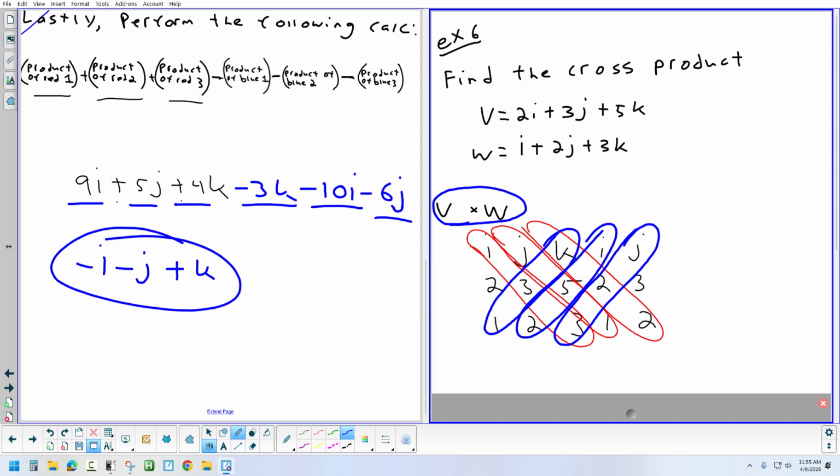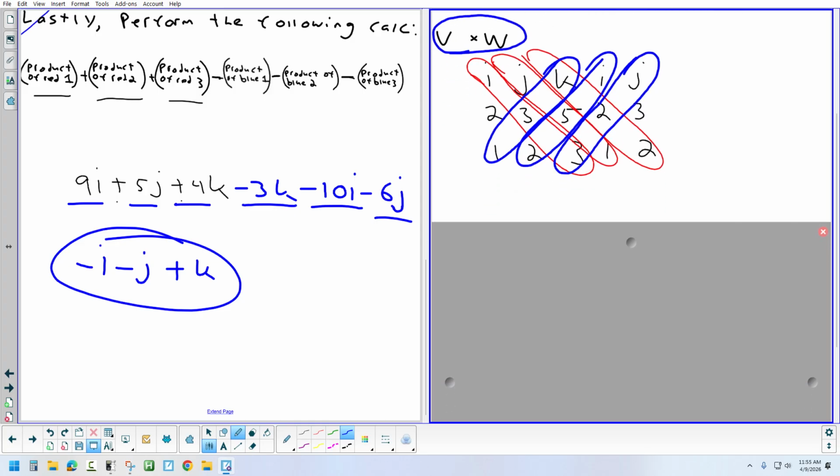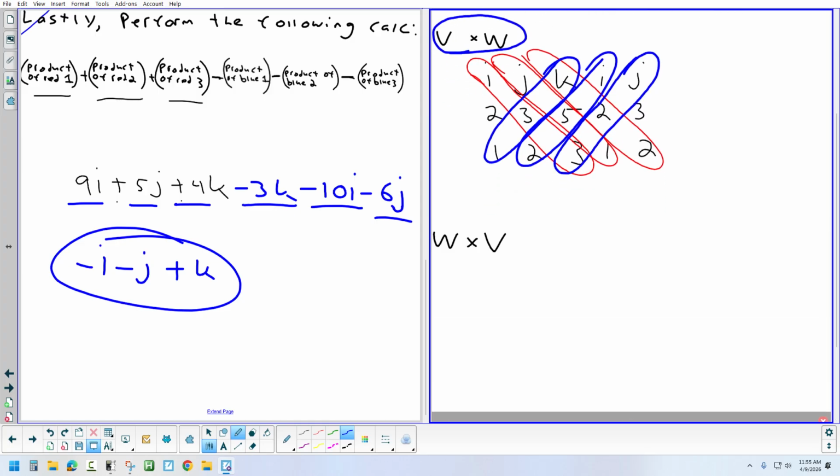So the last one we're going to do is the same problem again. I just want to do W cross V. What's going to change in the setup? Still going to have IJK. That's not going to change. But what are going to be the numbers in the second row?